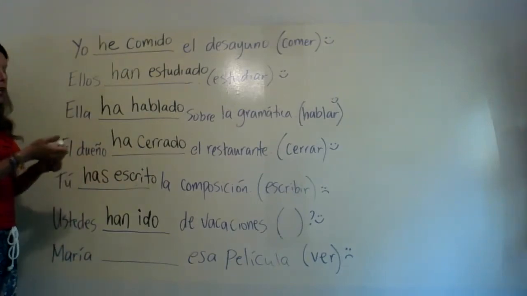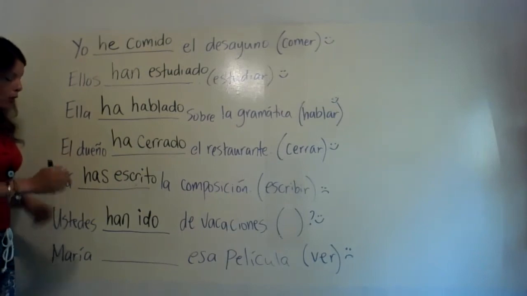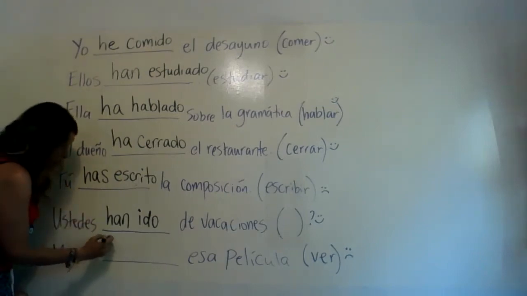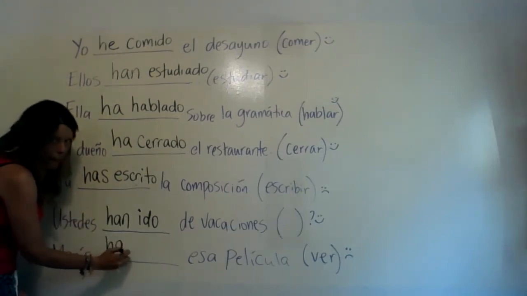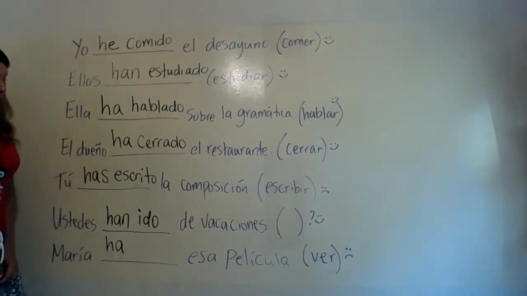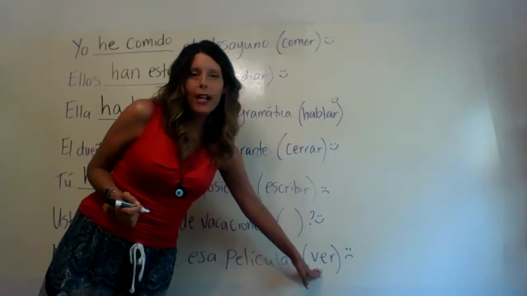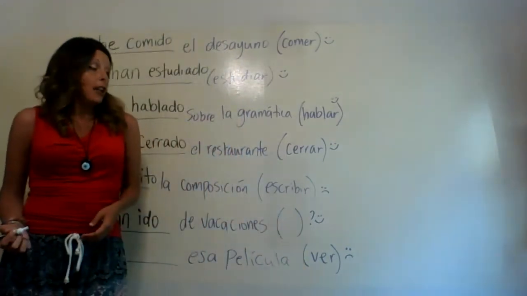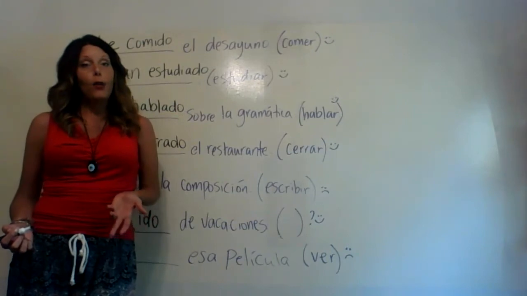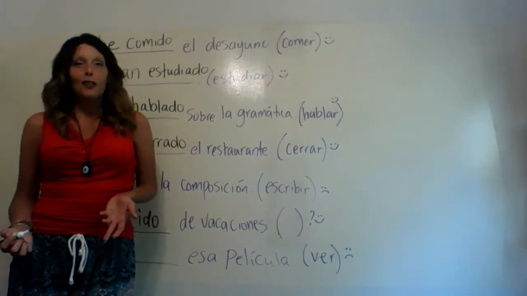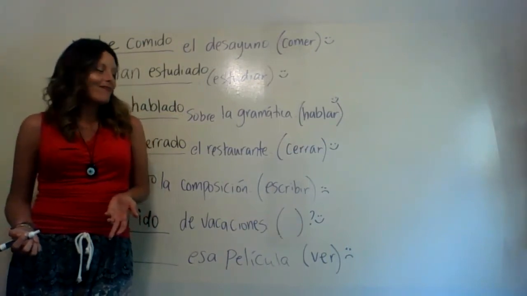So our appropriate auxiliary verb for Maria will be ha. And then if you have already memorized your irregular participles, then you know what that is. But if you haven't, then you should learn them soon.